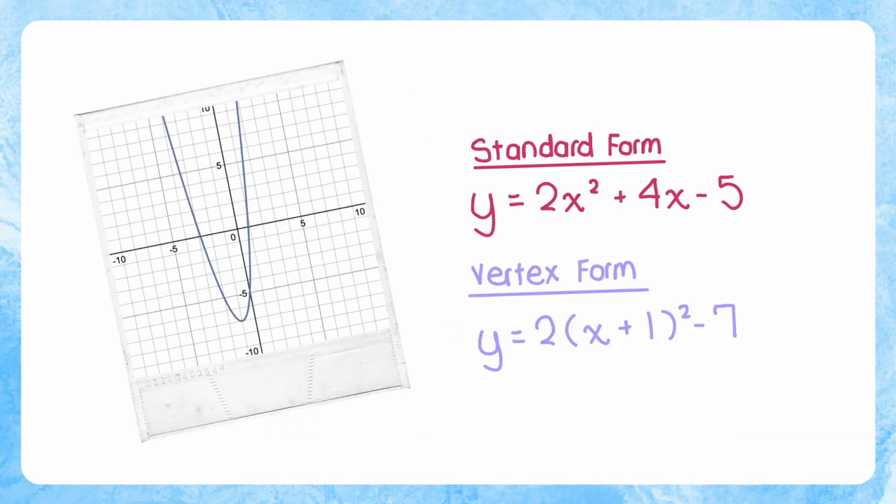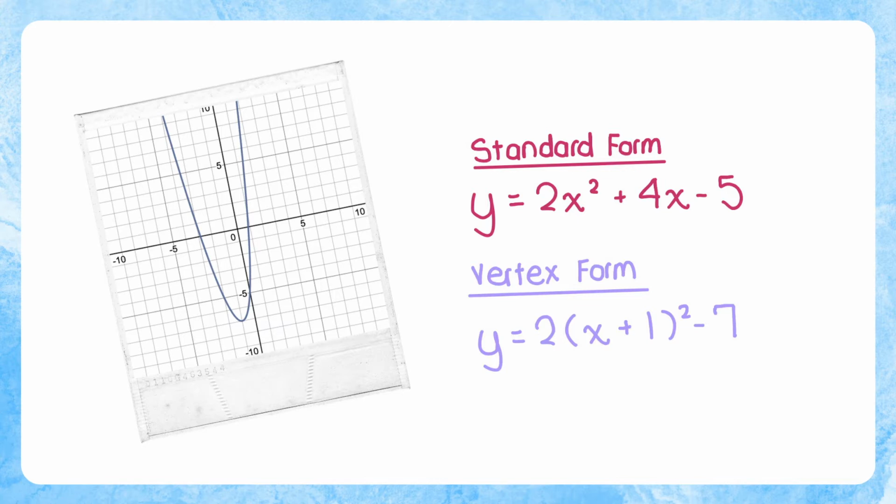For example, this graph is represented by the equations on the right. So in standard form, we have y equals 2x squared plus 4x minus 5.